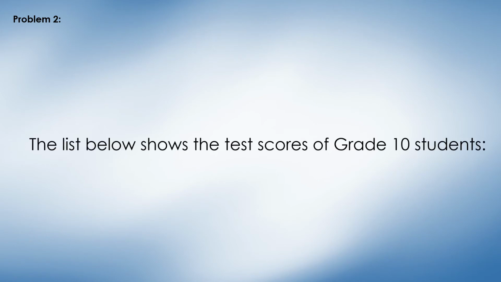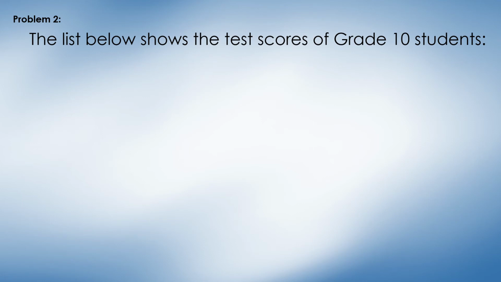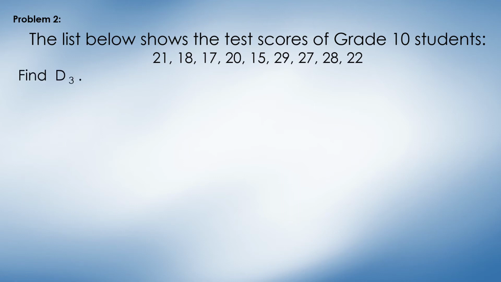Let us now move on to our problem number 2, or another set of data. The list below shows the test scores of grade 10 students: 21, 18, 17, 20, 15, 29, 27, 28, and 22. We are going to find the third decile.